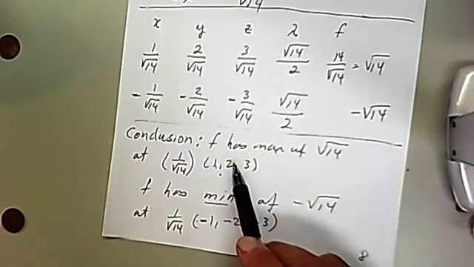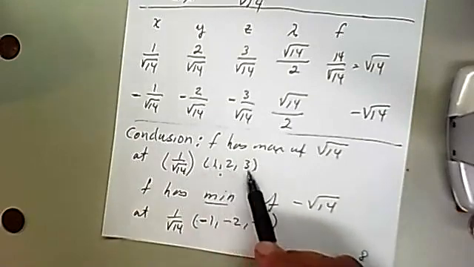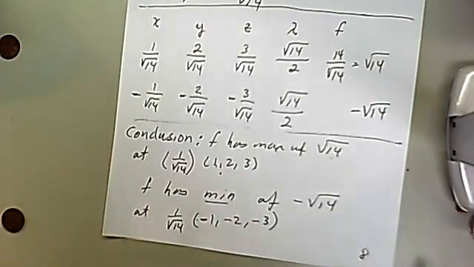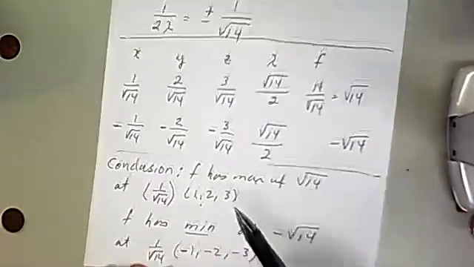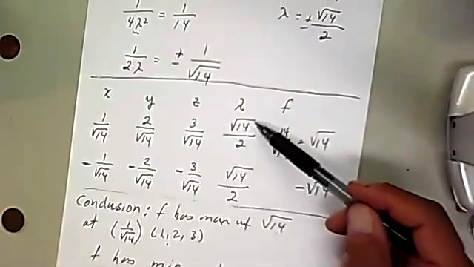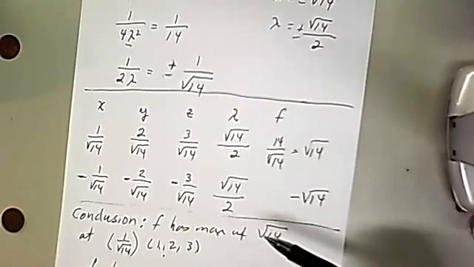That's where the point of the sphere will have the maximum f value, and the f value will be square root of 14. Once you give the conclusion, the lambda is gone. The lambda is only there for purposes of showing the work and making sure everything works well.